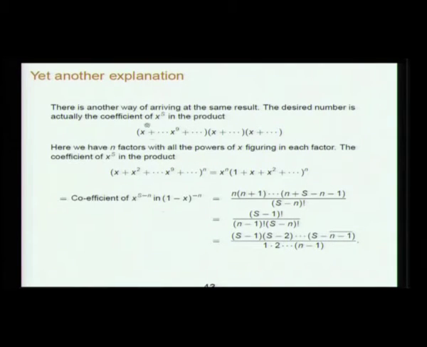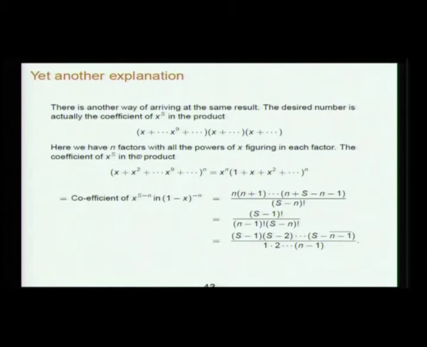These are all the modern methods. Suppose n is the number of digits. You write the expression x plus x squared etc. up to any number of powers. So n products like this, n factors, with all powers of x figuring in each factor.